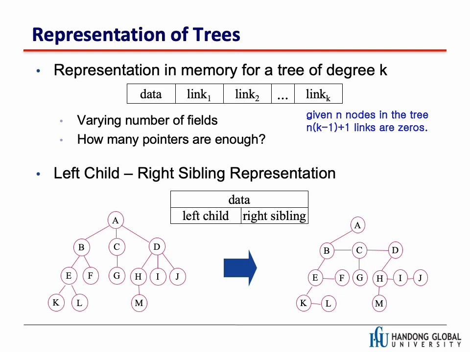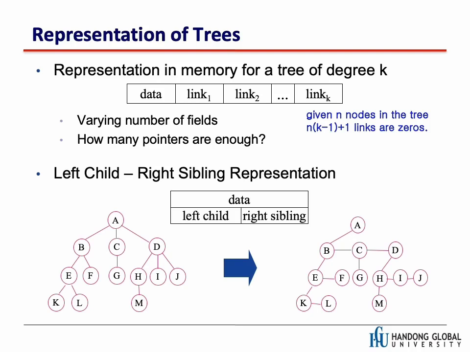Think about the structure in the linked list. Then we used one data field and we had just 1 pointer. But if we have 3 children, then we need 3 pointers. If we have 4, then we need 4 pointers. So depending on the degree of this tree, we have to have that many pointers. So that's not that beautiful.